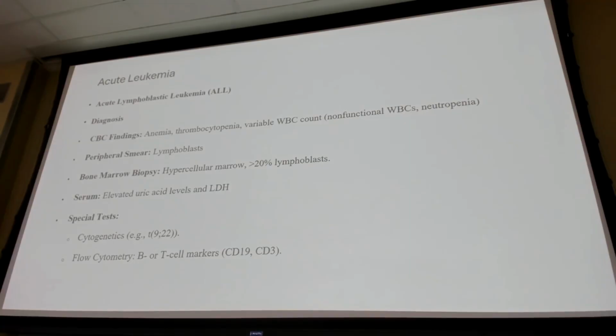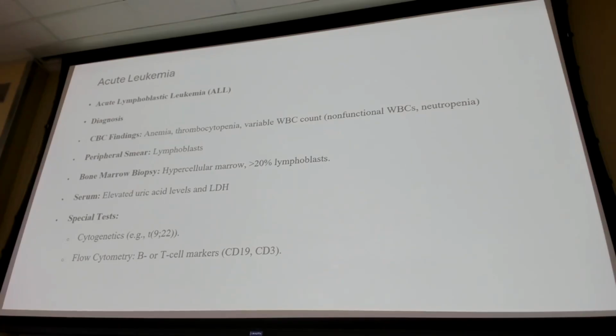CBC findings. What do we expect to see on our CBC? What's our CBC going to look like? So the patient is anemic, because we're crowding out the bone marrow, and I'm not producing my platelets. Where you are in the disease process can dictate what the white count looks like.